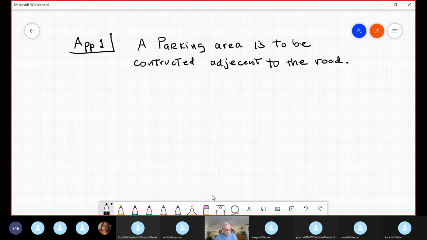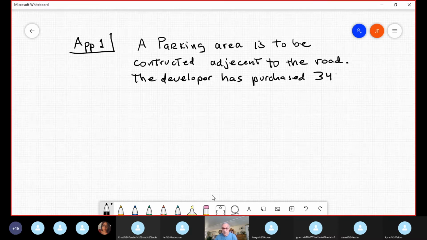The developer has purchased 340 feet of fencing.